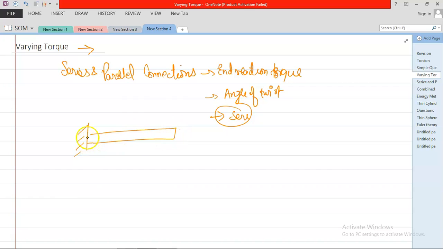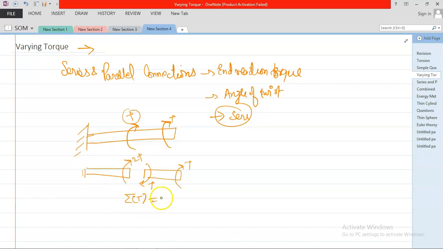Suppose a body, as I explained in the series connection, has one torque I am putting here and one torque I am putting here; then the question will change and you have to solve for two different bodies. One body is here and your sigma of torque would be T, and the reaction torque 2T would be here.